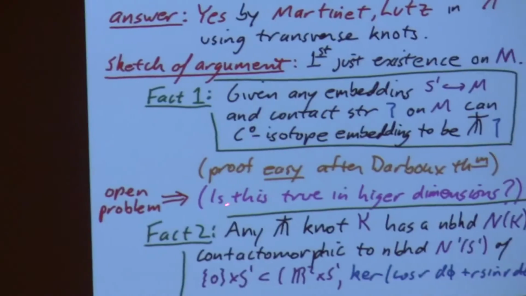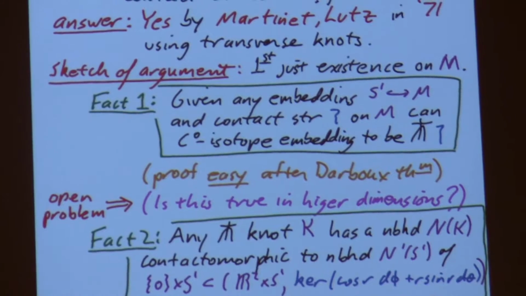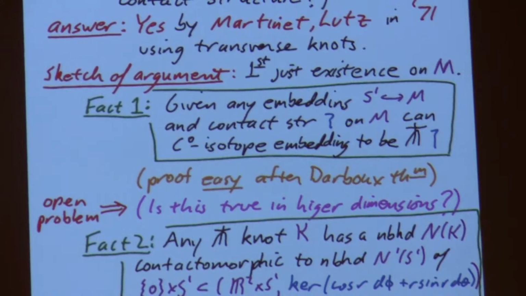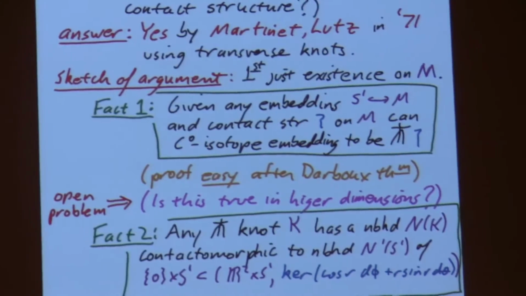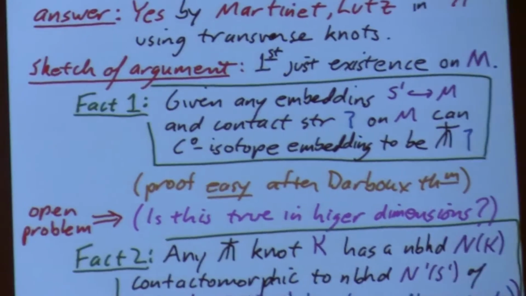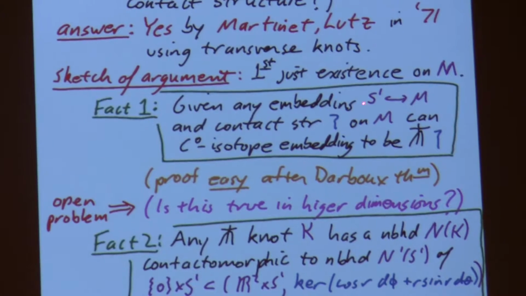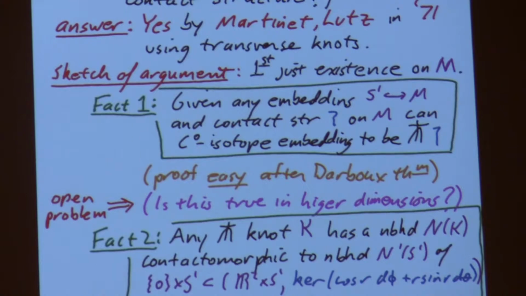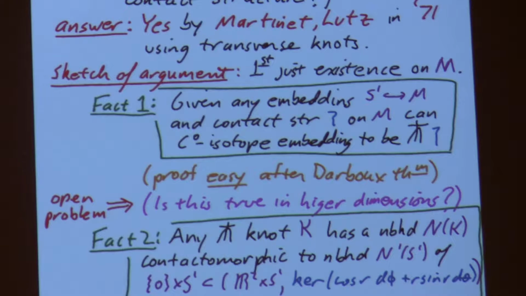And we're actually going to see it's not really clear if you can do this in higher dimensions. There's ways you can try to approach it, and we'll talk about those probably tomorrow morning. But at the moment, it's an open question whether you can actually prove a similar result in higher dimensions. But still, that's the first fact we need in dimension 3.